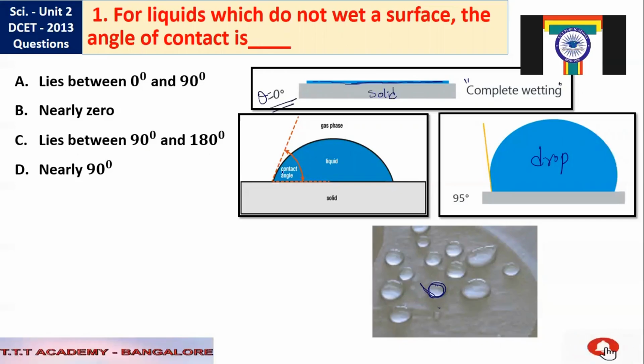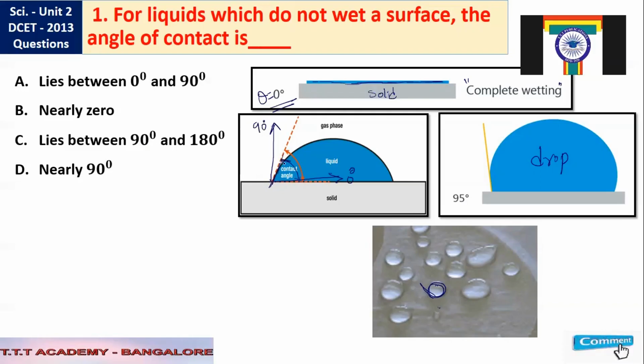If it is partially wetted, then you can observe here the angle is less than 90 degree. Suppose we consider this as 0 degree, then we can consider this as 90 degree. So the angle of contact, the tangent drawn with respect to the solid surface and the liquid drop, is less than 90 degree.